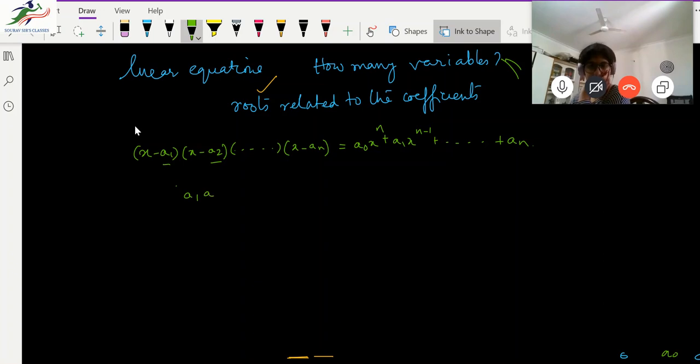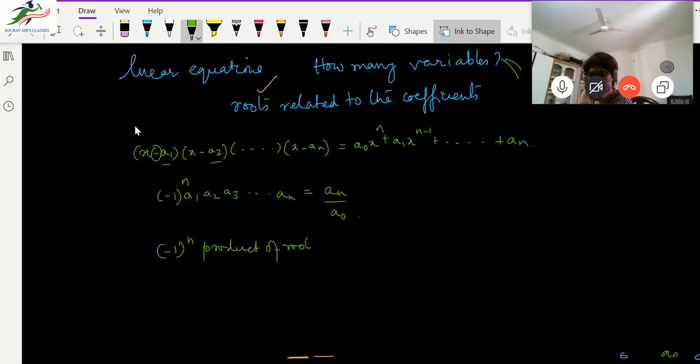So a1, a2, a3 all the way, with minus 1 to the power n, because each one has a minus sign, is equal to an by a0. Therefore, minus 1 to the power n into the product of roots is equal to an by a0.